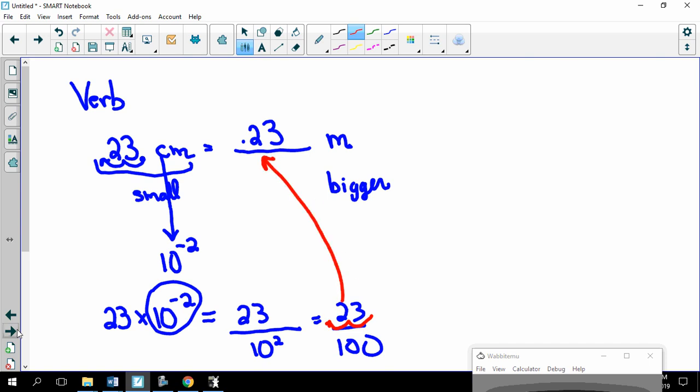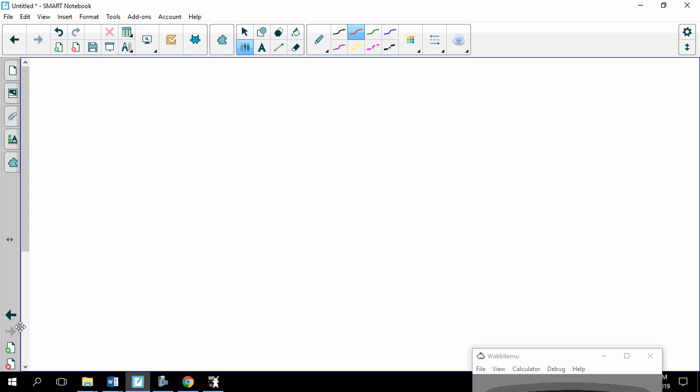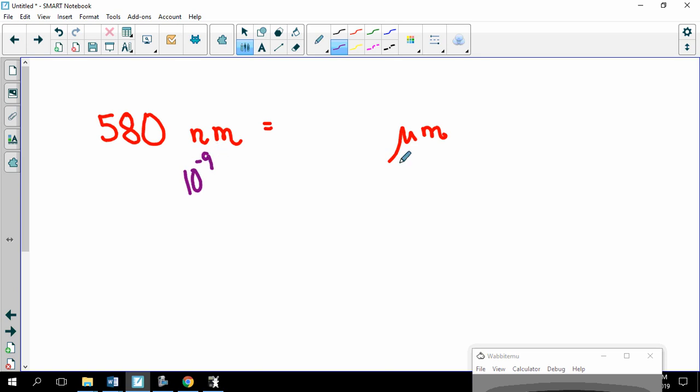Let's try another. 580 nanometers, and we want to go to micrometers. Well, that's a 10 to the negative 9er, and this is a 10 to the negative 6er from the table.